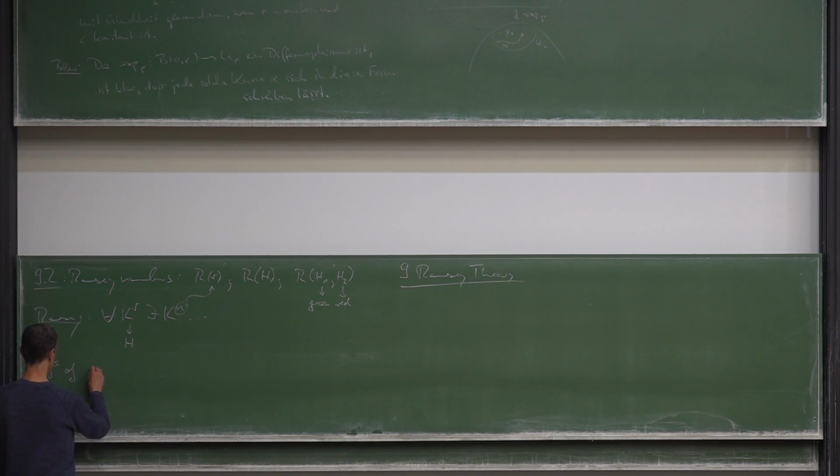How should we start? When we want to show that the Ramsey number is at most something, then what do we do?